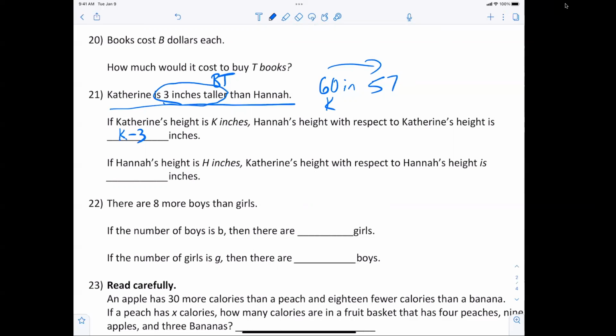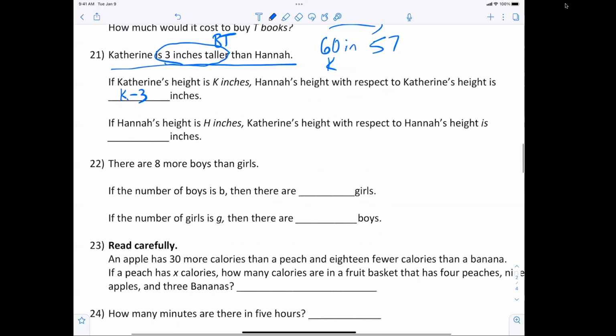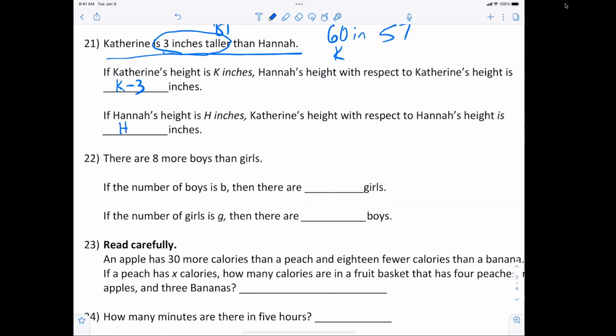So Charlotte, I'm going to let you read the second part of 21. Yes, go ahead, read it though for me. Yes, is H plus 3. All right. And again, I made several examples here. I really want you to concentrate. These are the ones that are going to help you with the word problems. If you can do this, then you're set up good for word problems.